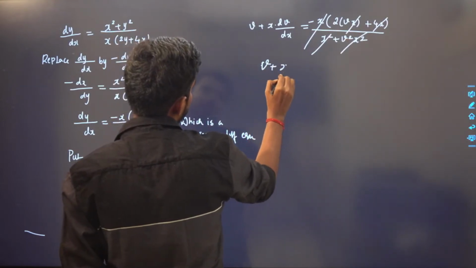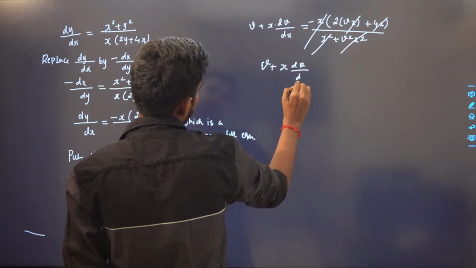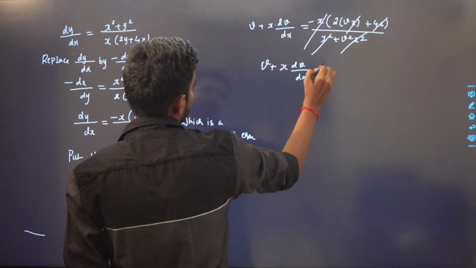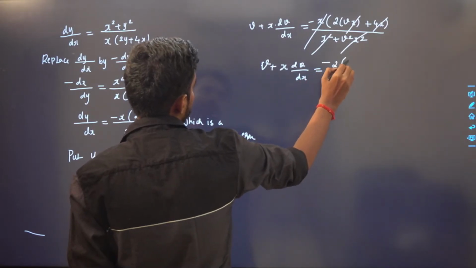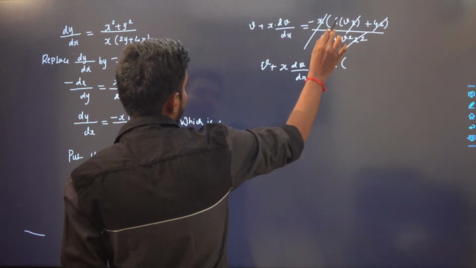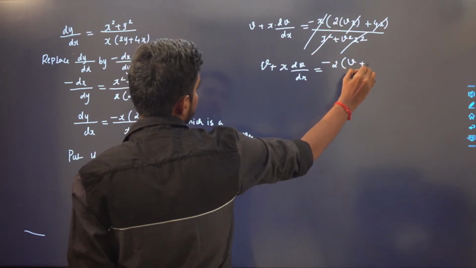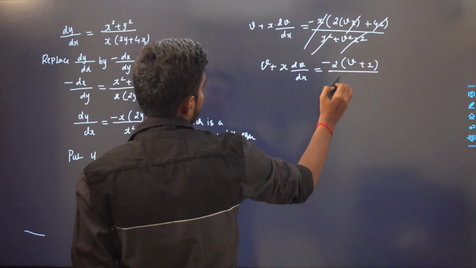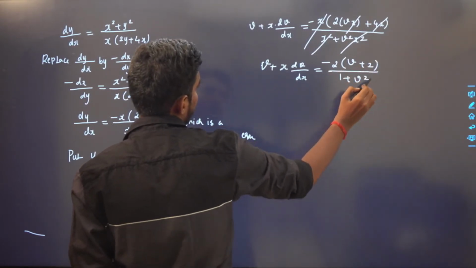So v plus x dv by dx is equal to, if I take minus 2 outside, minus 2 times v plus 2, divided by 1 plus v square.